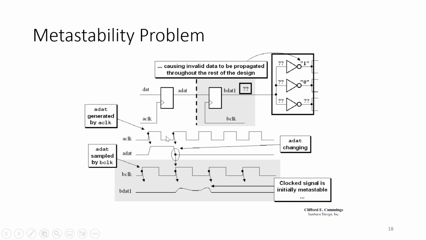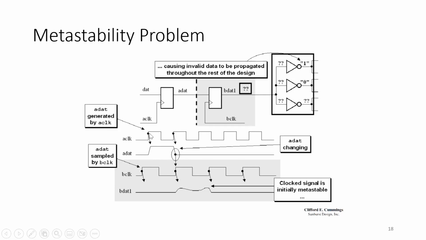This is my A clock, and this is my B clock. This is my A data here. This A data is working at this A clock, and it is working fine.